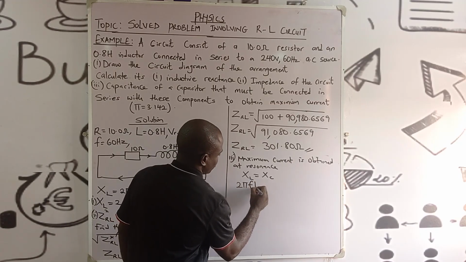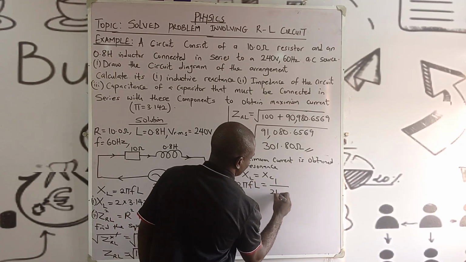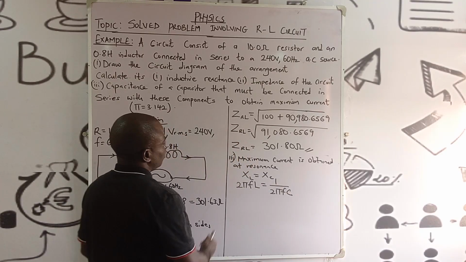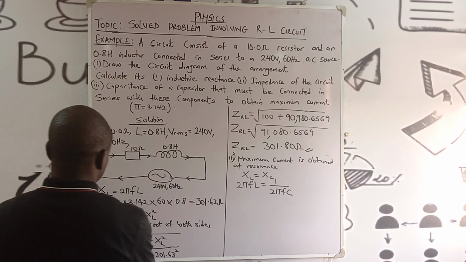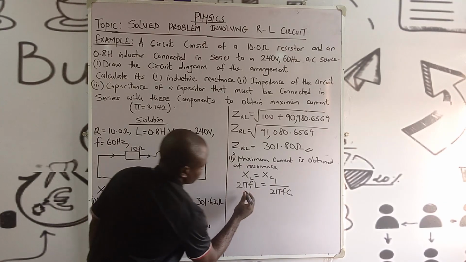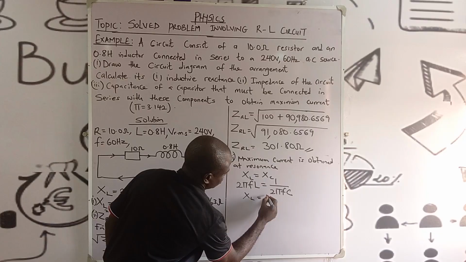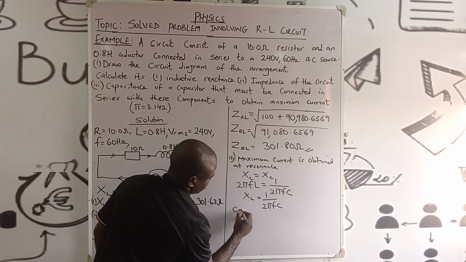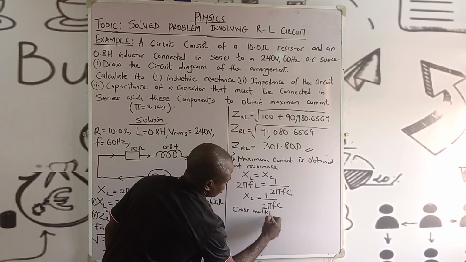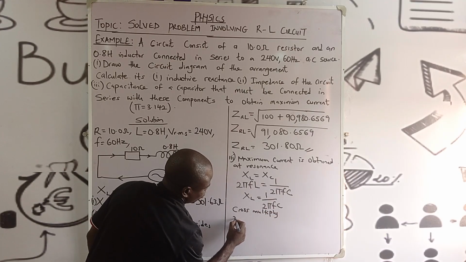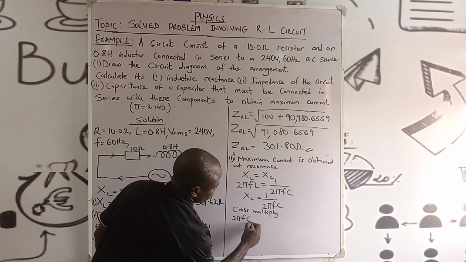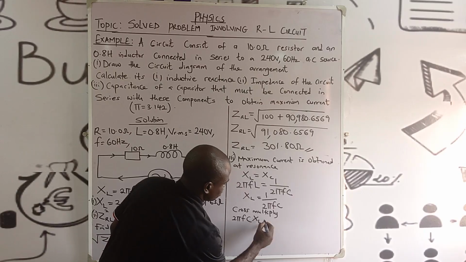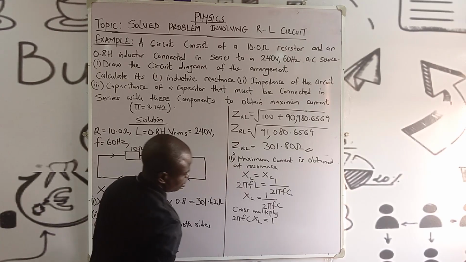And what's XL? 2 pi FL equals 1 over 2 pi FC. Okay, and we have the value for XL. Just write this: XL equals 1 over 2 pi FC. Cross multiply. When you cross multiply, you have 2 pi FC times XL equals 1.